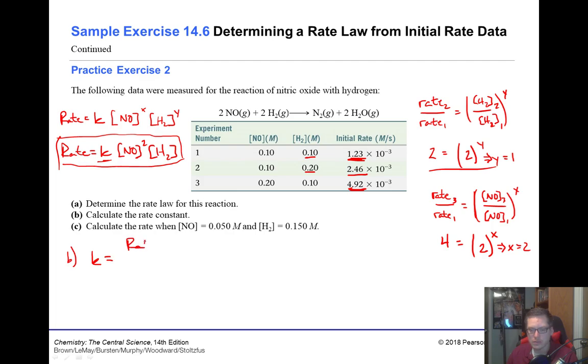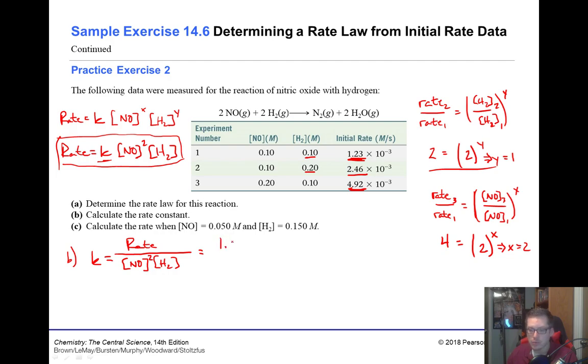our rate divided by the concentration of NO squared times the concentration of H2. Then we simply pick any experiment and plug things in. We could just do experiment 1 because it's on top and it seems nice.